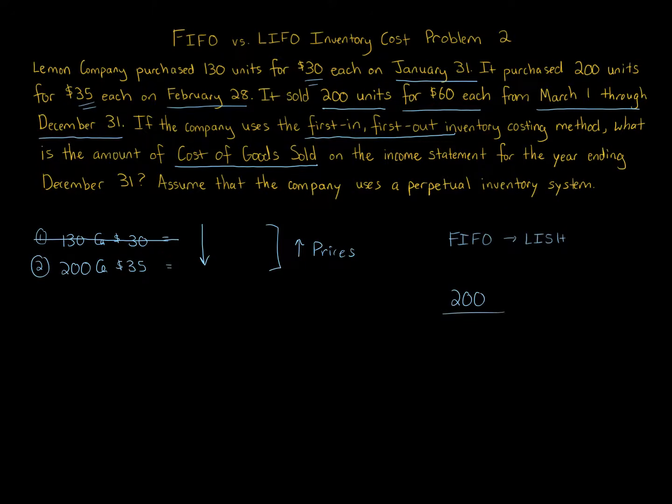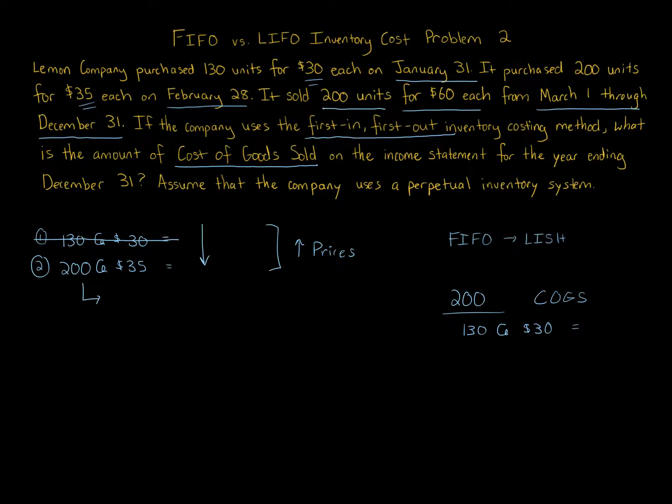Now, because we're doing cost of goods sold calculation, we sell 130 at $30 each. We need to put that on there. Okay, next, we've got 200 in the second layer at $35. Is that enough to cover? Yes, it is.